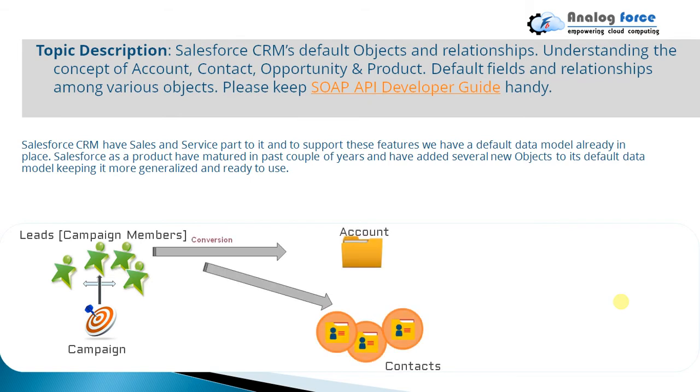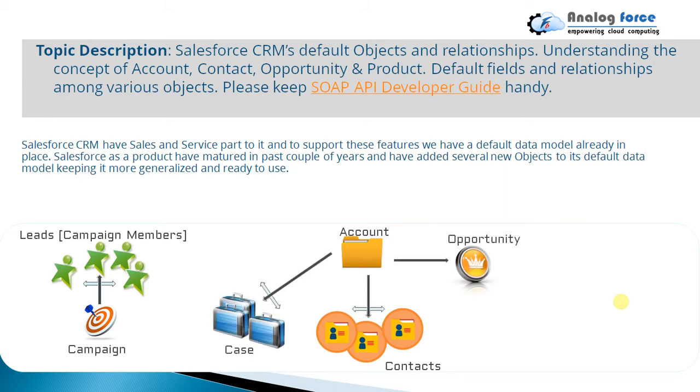Further down the line, when a lead gets converted into an account and a couple of contacts, then an entire life cycle of the account comes into the picture. An account can have different contacts related to it. An account can be a person account or a business account, and a particular account can also have different cases going on, obviously from the service world of Salesforce CRM.